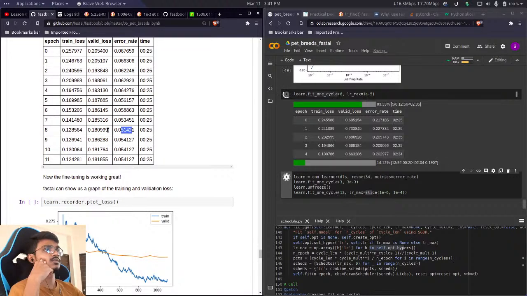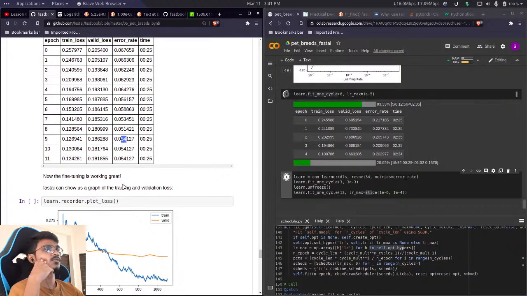But the error rate is also getting worse. It goes from 51 to 54.